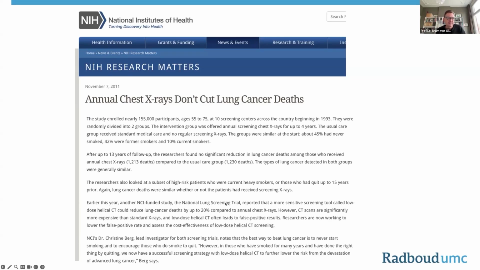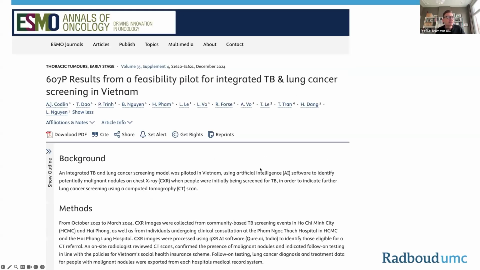On top of that, they have done a very big screening in the US with CT, and there it was shown that this actually works for lung cancer screening. But in that trial, they used a group for chest X-ray as the control group because they know that chest X-ray screening for lung cancer doesn't work. You have to keep that in mind. So I'm a bit skeptical there, and I think you should really be careful in interpreting the data.